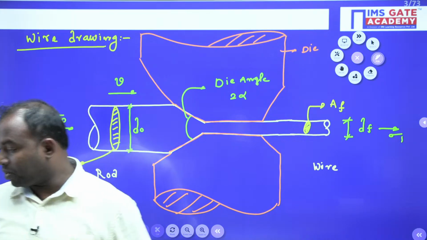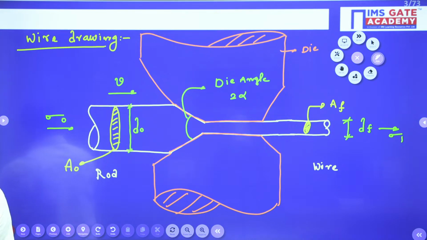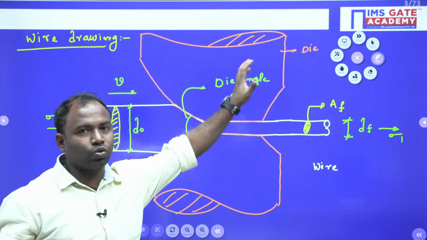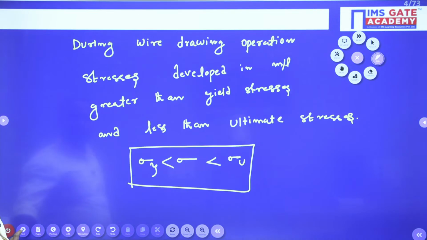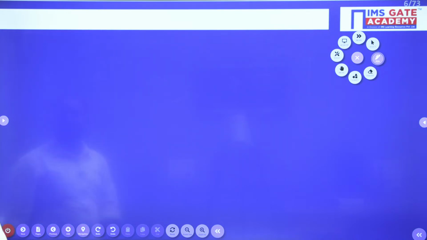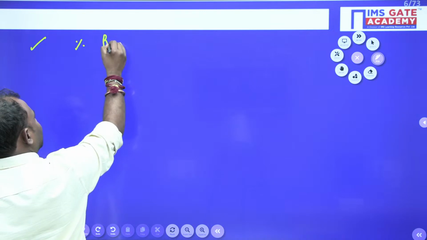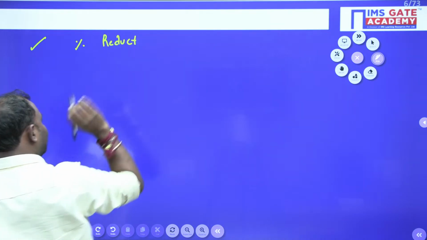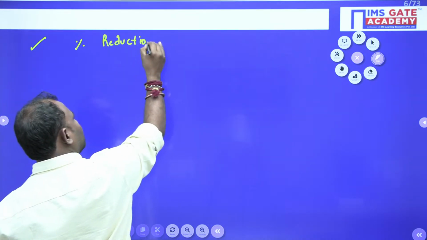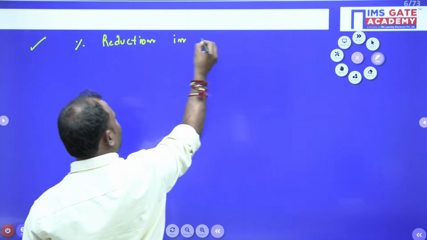Sometimes they may ask how much percentage the cross section area is going to decrease. Now let us go for the percentage reduction in cross section area.